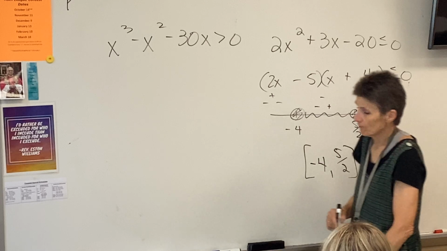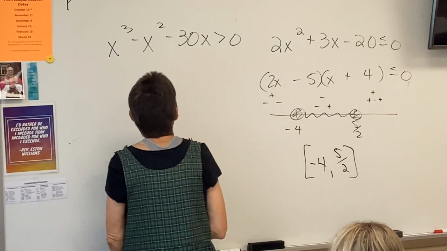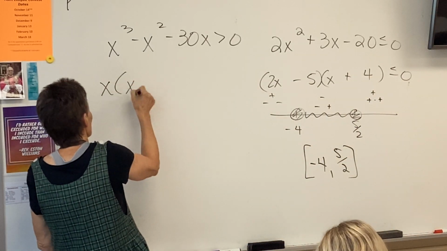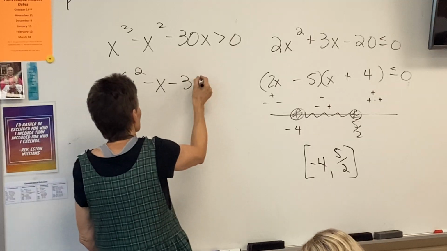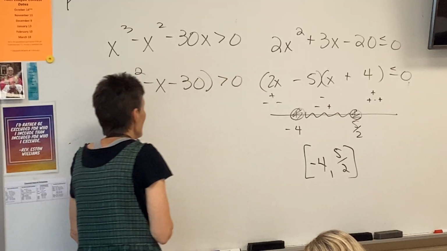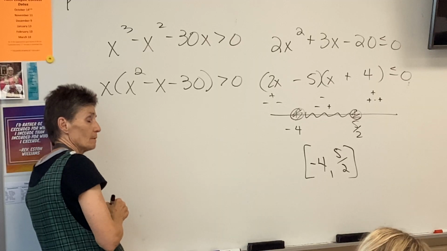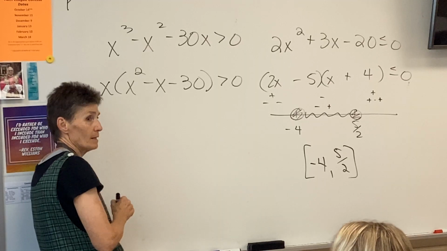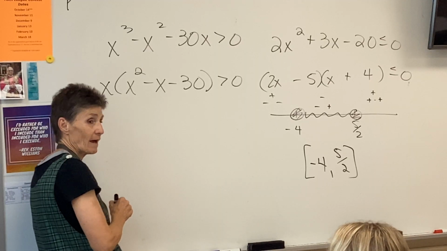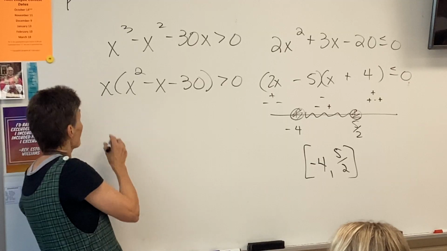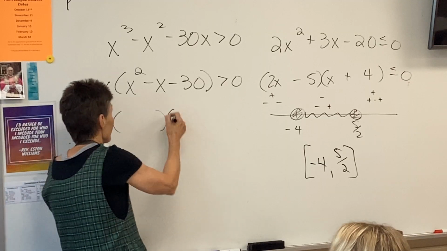So what do you think we ought to do first? Take an X out. Very good, Audra. Take an X out. And then we'll look at what's left and factor that. Hopefully.